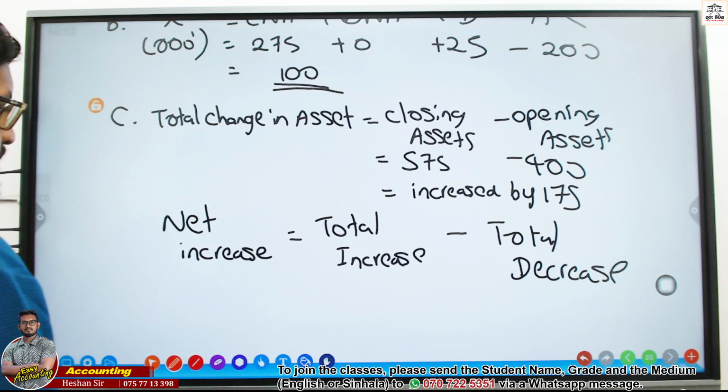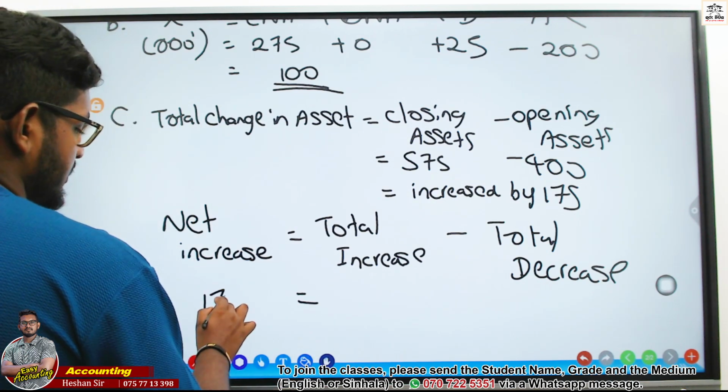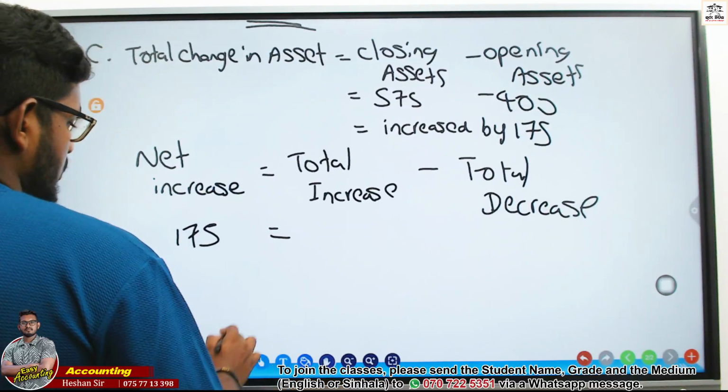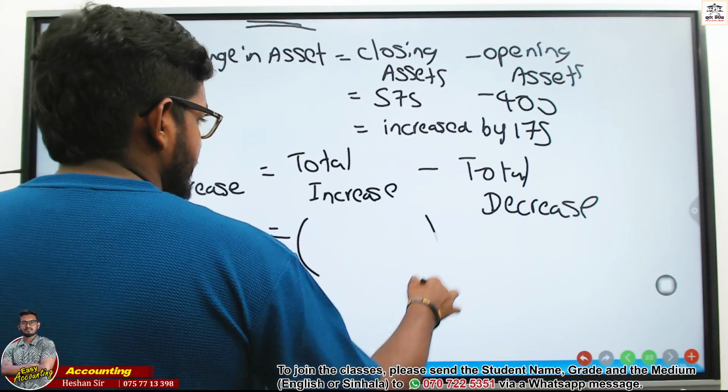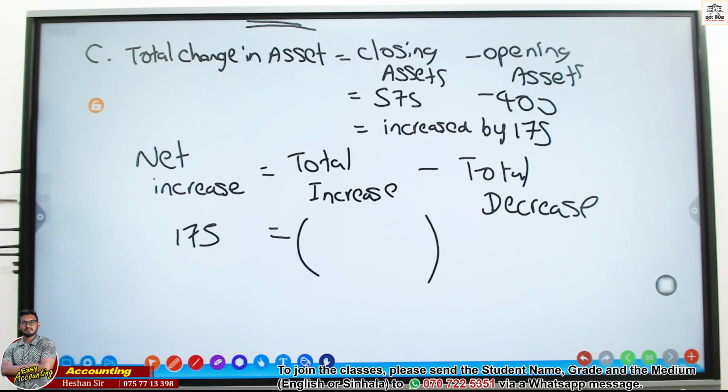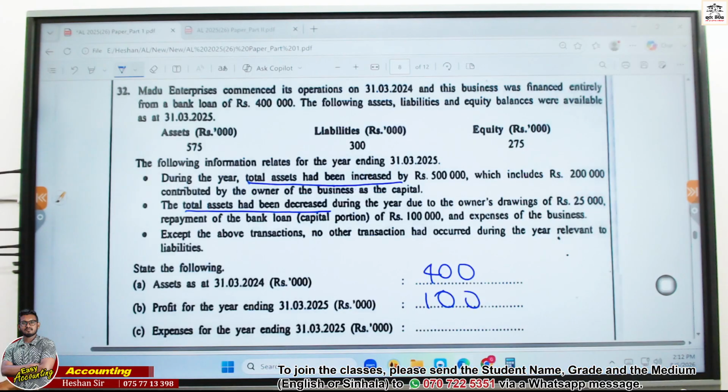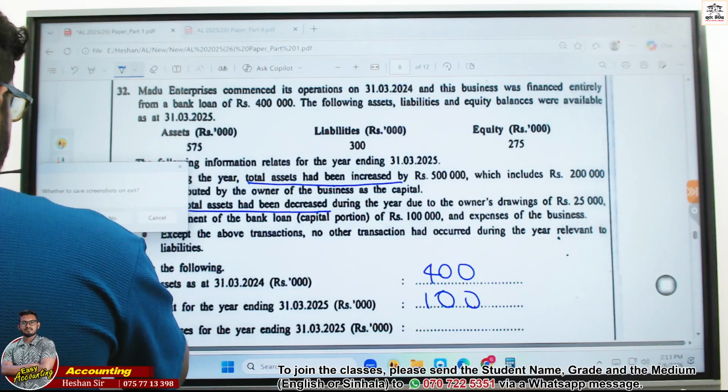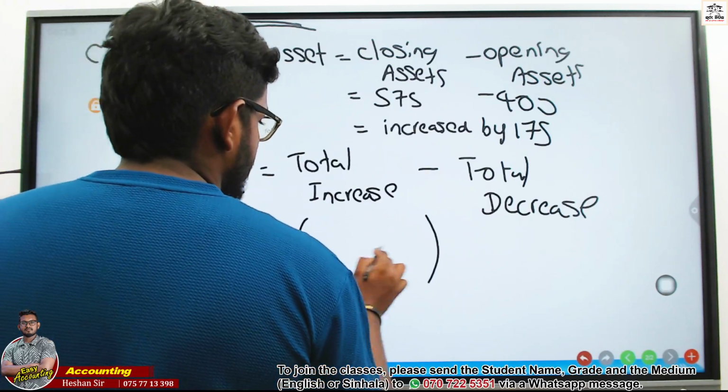Now net increase is 175. Total increase, then you can see 500, which includes 200 contributed by the owner of the business as capital. Right? Then ඔයාට පේනවද, total increase එක 500.